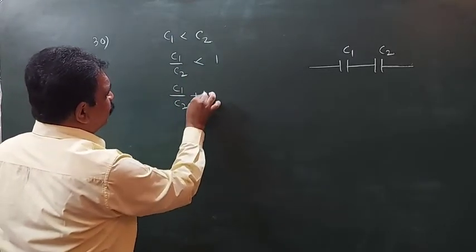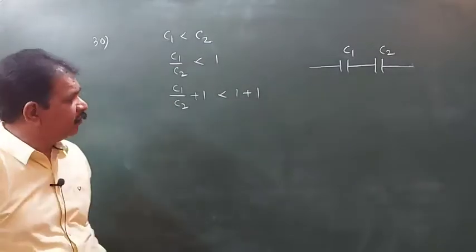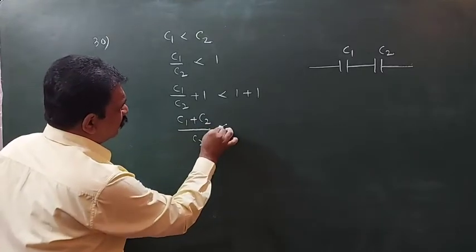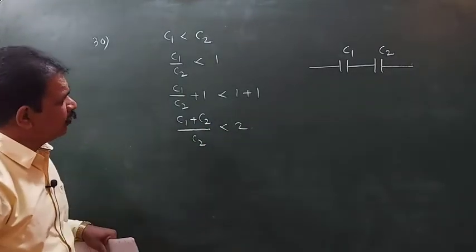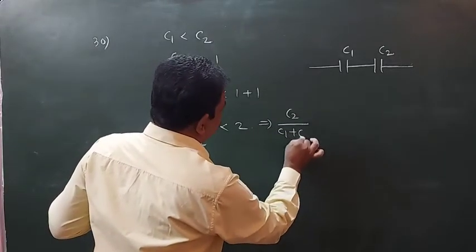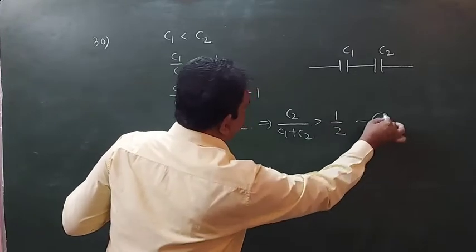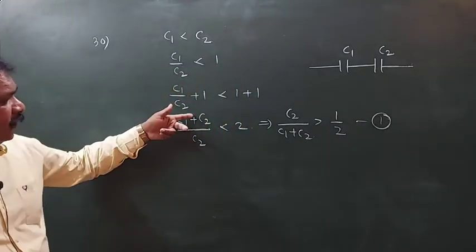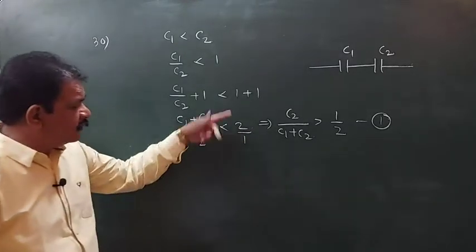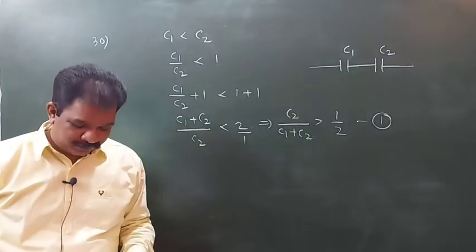Adding 1 on this side, C1 by C2 plus 1, and on this side also 1 plus 1. So C1 plus C2 by C2 is less than 2. From this, reversing, C2 by C1 plus C2 is greater than 1 by 2. Let it be equation 1.